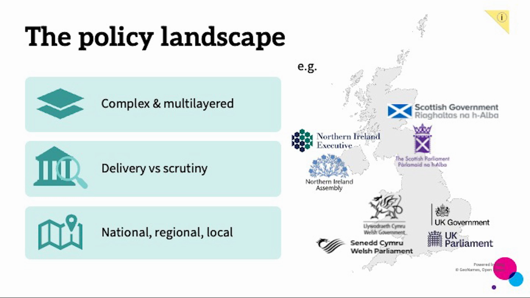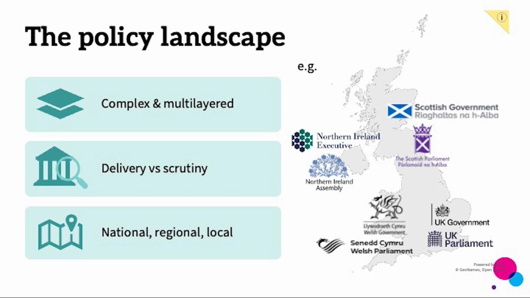They're drafting new laws, whereas parliaments take on a scrutiny role. So they scrutinise and examine the policy that has been delivered by governments. They vote on legislation and debate key issues. So whether an organisation takes a delivery or scrutiny role, they're going to have a slightly different perspective and evidence need, that you'll need to tailor your engagement to.